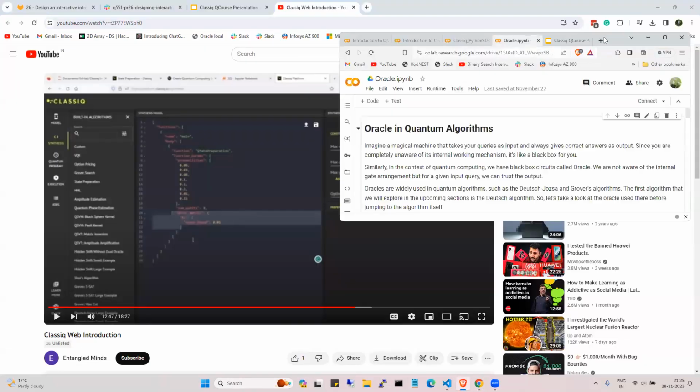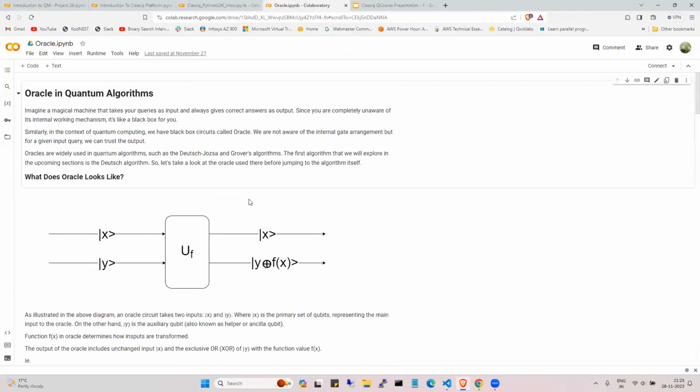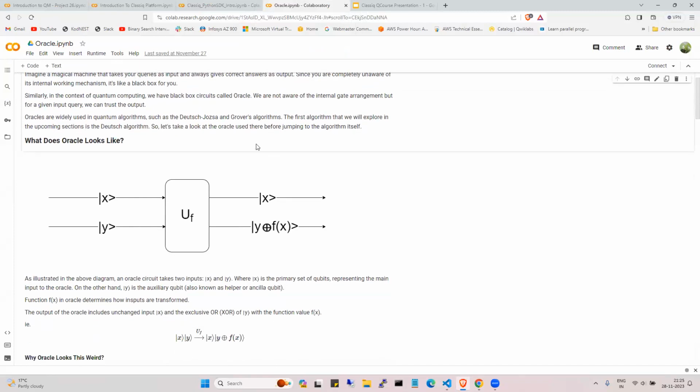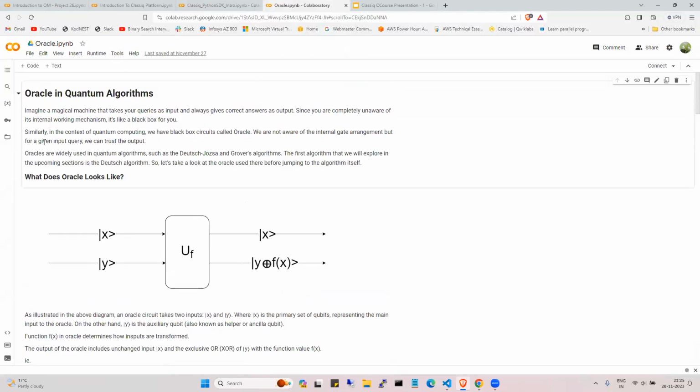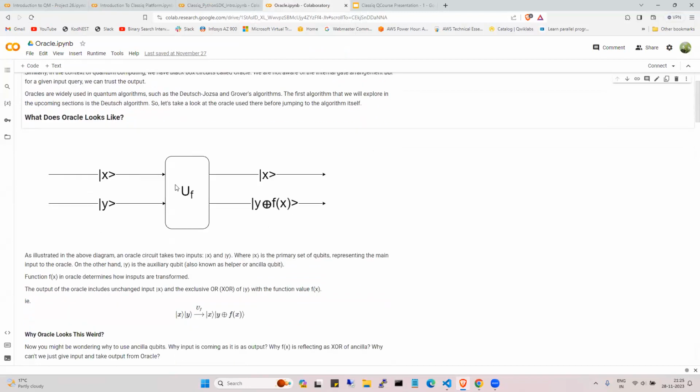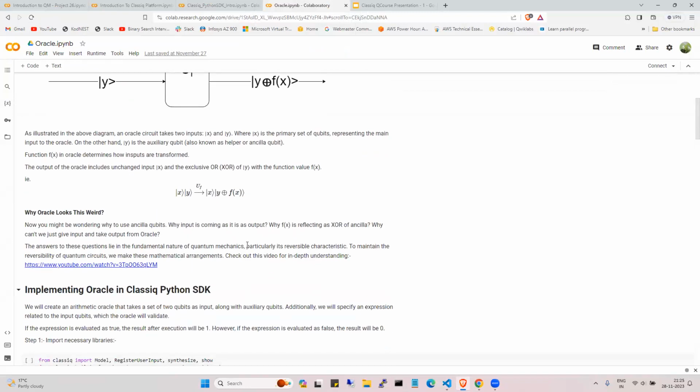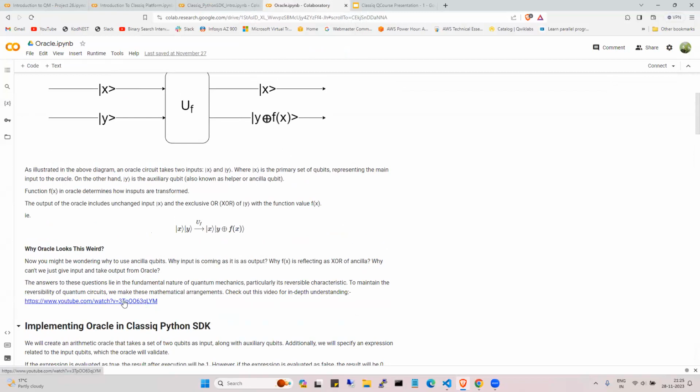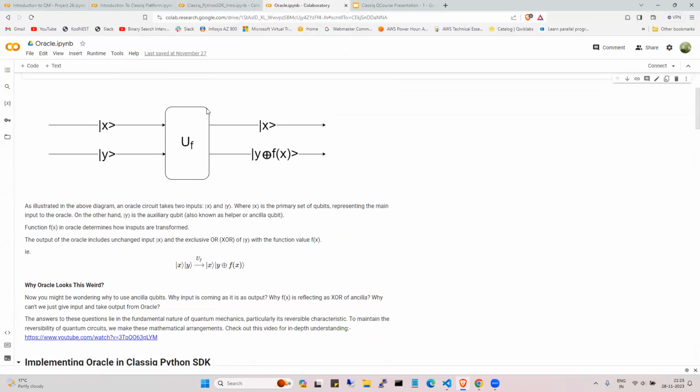So in the Oracle notebook, I tried to cover it from scratch. Personally, when I was studying this algorithm, I just got stuck at Oracle and gave up. So I thought that I would make this as easy to understand as possible. So I covered what an Oracle is and also linked a video which describes why we have this structure of Oracles.